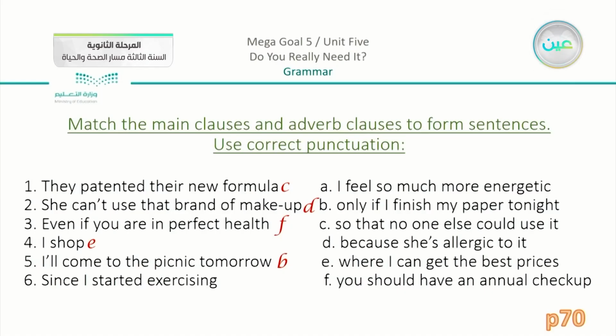Because we have here, I'll come to the picnic tomorrow only if there is a type of condition. The last part, which is going to be 6, since I started exercising. So since we are connecting to something that has a result of exercising, we are going to see I feel so much more energetic. So we have here A is the suitable answer for the last part.